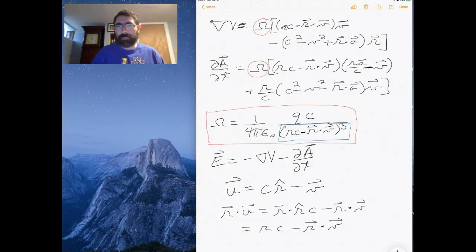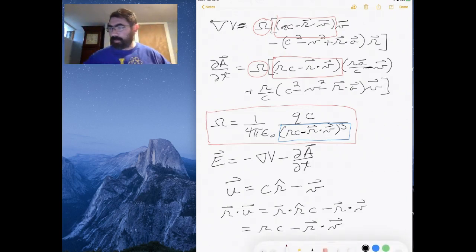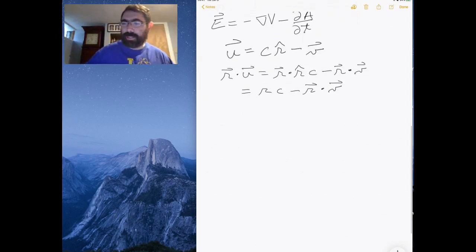I could also rewrite some of what's in the gradient of V and the time derivative of A, because that would also fit into these terms right here, and this one right here. Okay, so when I do that substitution, then I can clean this up and write this in a form which is a little bit more compact, and say the electric field is now Q over 4 pi epsilon naught.